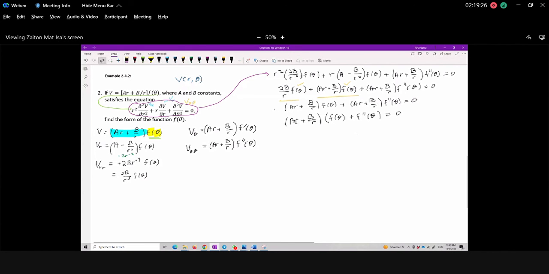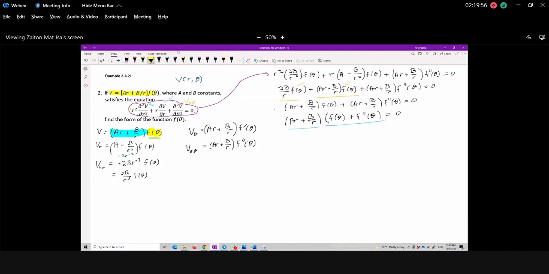Right. So we have two things here. AR plus B over R times this one equals to 0, right? We have two factors, so when multiplied, one of them must equal to 0. Now look at our V. Our V here is AR plus B over R times F theta.